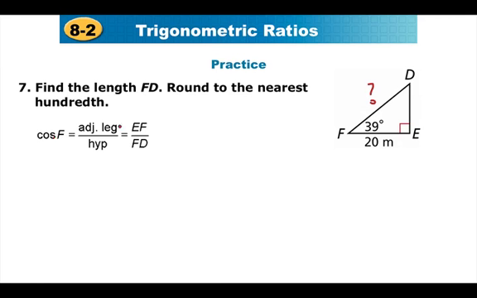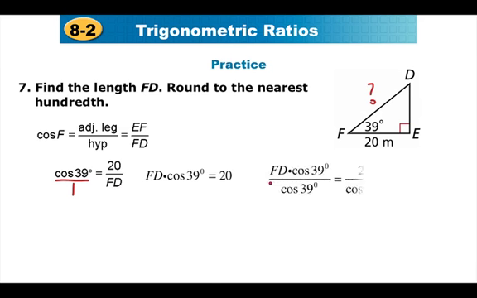At this point, all I'm going to do is substitute the values that I know from the right triangle. So I know F is 39, I know EF is 20. At this point, I know I can cross multiply. I get the following. Then divide both sides by cosine of 39. Punch this into the calculator, and I get my answer. 27.74 once I round to the nearest hundredth.